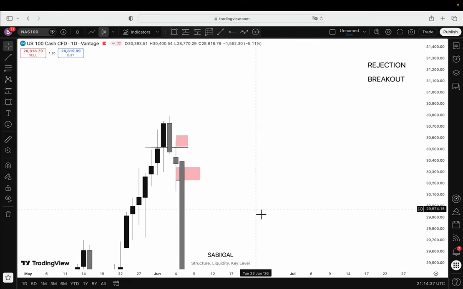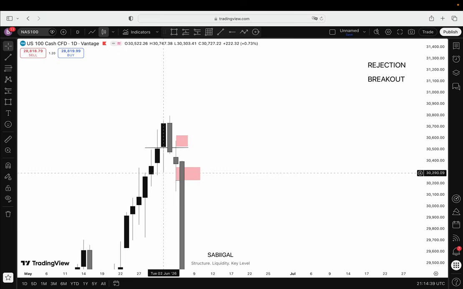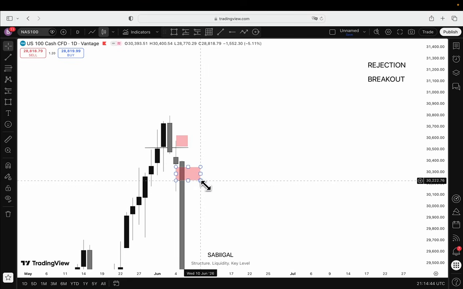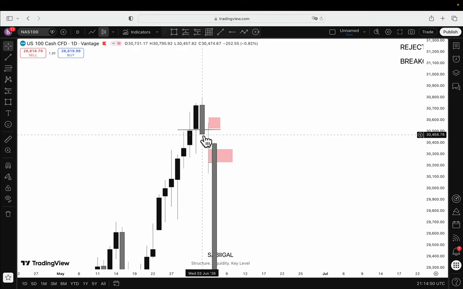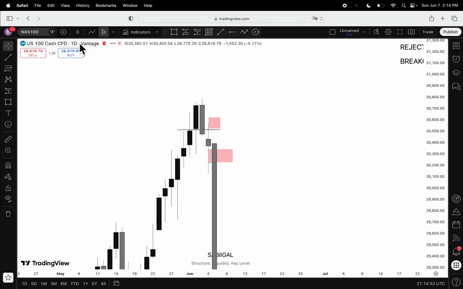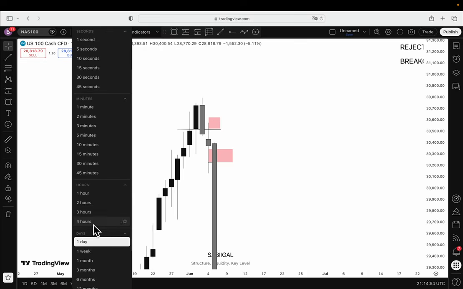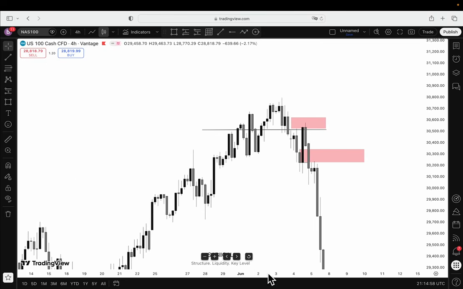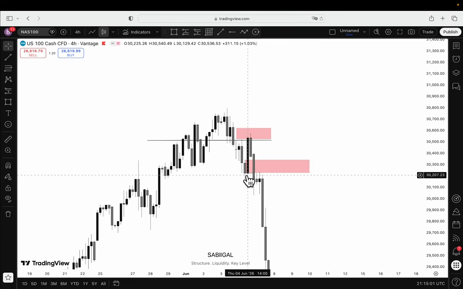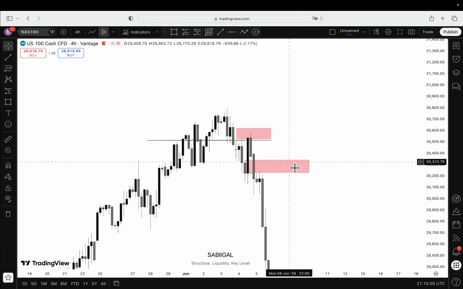And also, when a rejection occurs, you need to check the opening and the closing of that candle. So after this rejection here, I went down to the 4 hours, which is the next corresponding time frame, to look out for my breakout, which is this one right here.